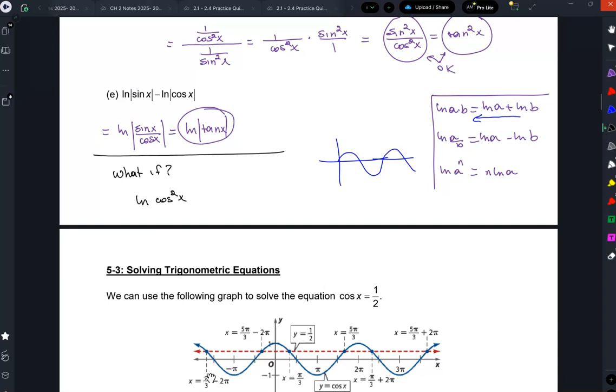No, because cosine squared is positive. However, it's not simplified, so you technically can't leave it that way. The simplified form of this is, if this goes down, 2 ln of cosine x, but you have to have absolute values here.